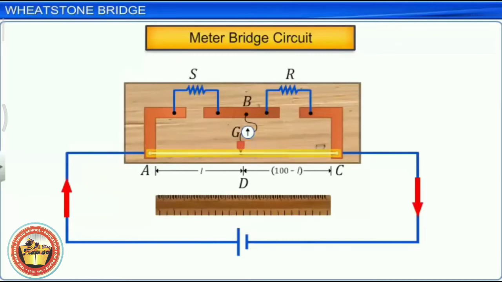It consists of a one meter wire of uniform cross-sectional area, tapped between two metallic strips bent at right angles, placed along a meter scale of 100 centimeters. There are two gaps, one on the left and one on the right. One resistance is known and the other is unknown.